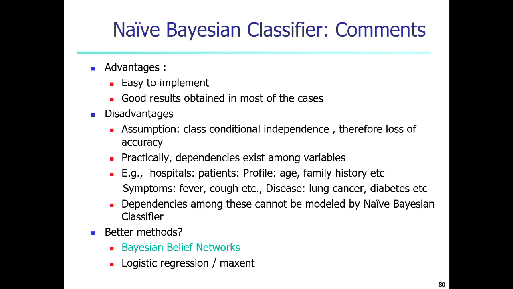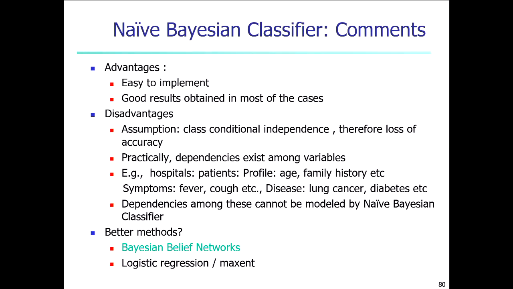But one of the major disadvantages, or major things that we need to notice, is the conditional independence assumption. In reality, this assumption does not always hold, so it will lose accuracy. Here are a couple of examples where conditional independence doesn't hold.